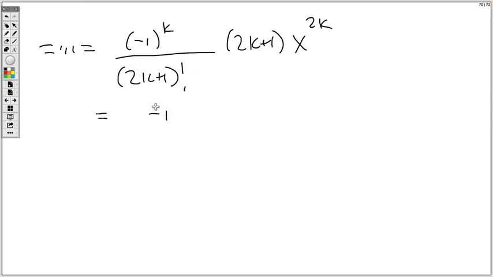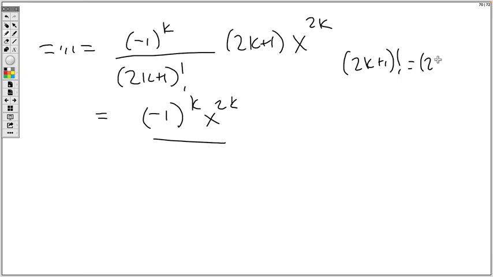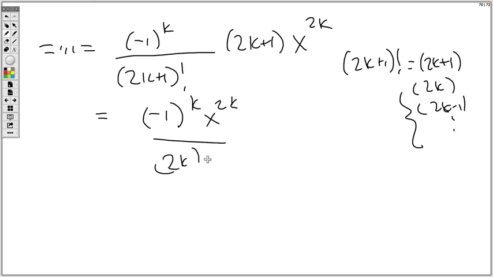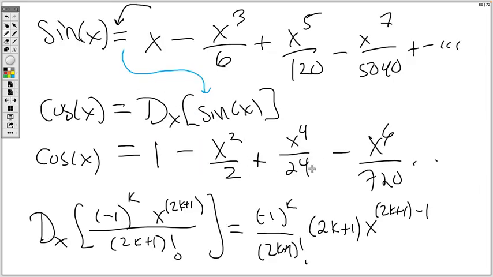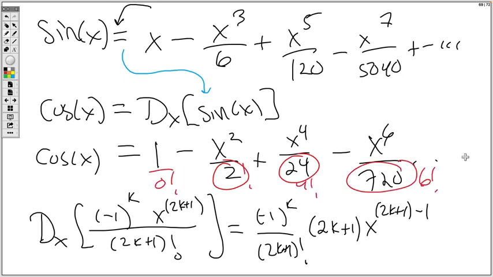Cancels, so I'd have minus 1 to the k, x to the 2k, and remember, 2k plus 1 factorial is 2k plus 1 times 2k minus 1, blah, blah, blah. That's your 2k factorial. So it's an alternating series that's got the even powers over the even what? Factorials. Okay? So 0 factorial, 2 factorial, 4 factorial, 6 factorial. You see the pattern or not, folks?